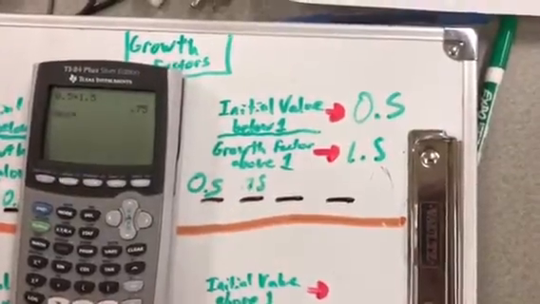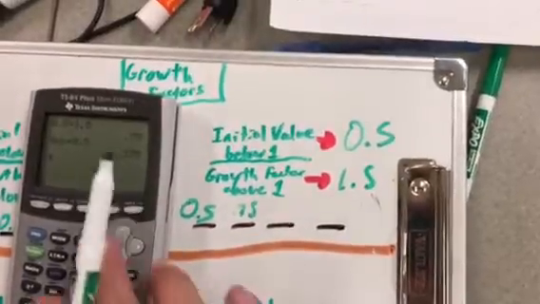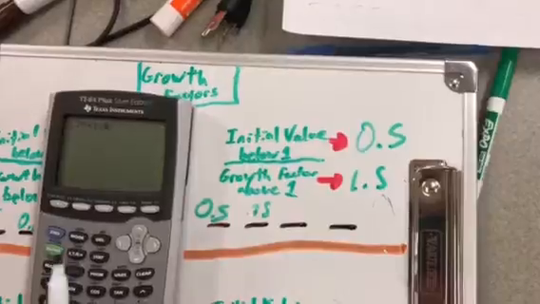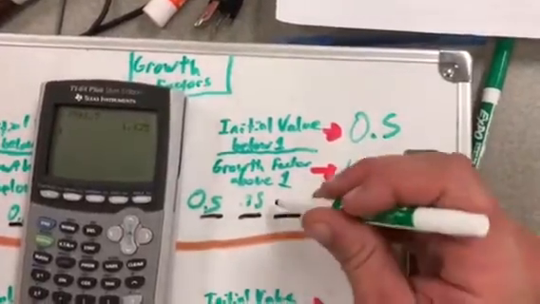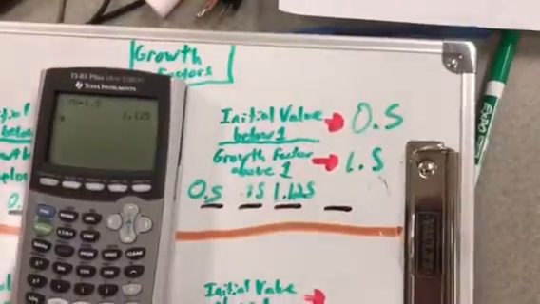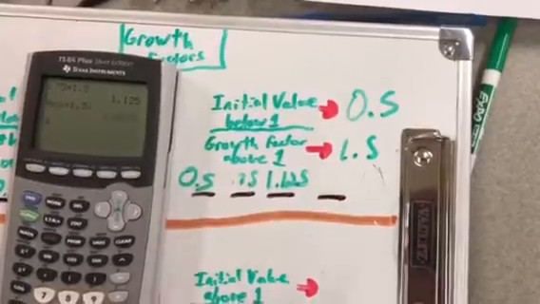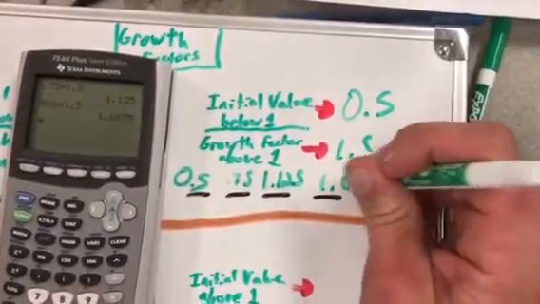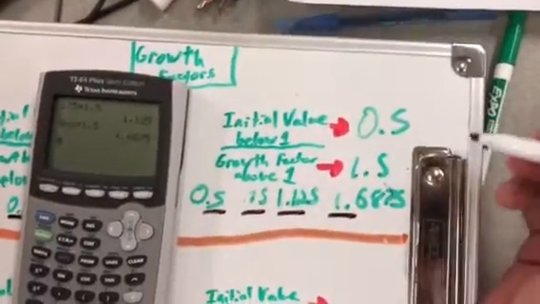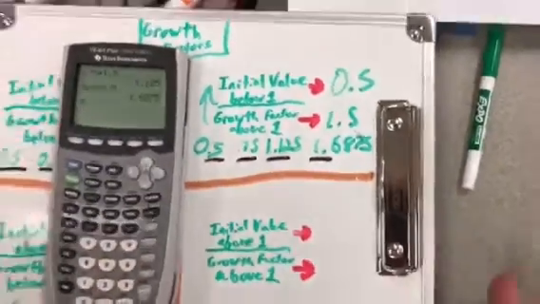We're going to multiply it by 1.5 again. Excuse me, so 0.75 times 1.5, my bad. 1.125. It's now above $1. One more time, 1.125 times 1.5, and I get 1.6875. So now our sequence is going to be increasing. It's getting more. We're getting higher.